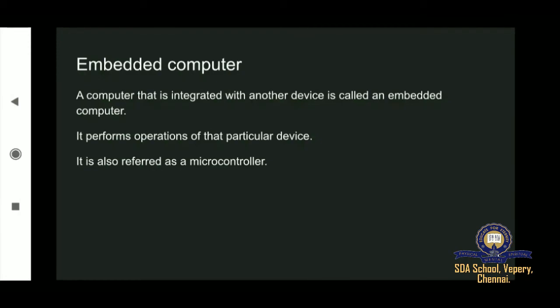Those are called embedded computers. A computer that is combined with another device like a microwave oven or washing machine is called an embedded computer. Understood? Is it clear?